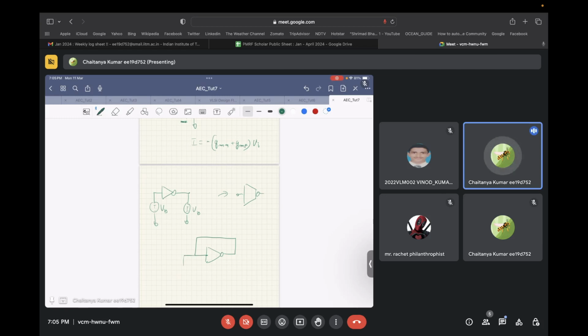And here, if there is some input voltage VB flowing into this, then this will behave as a transconductor of value GMN plus GMP, and this will be biased at voltage VB. Is this clear?